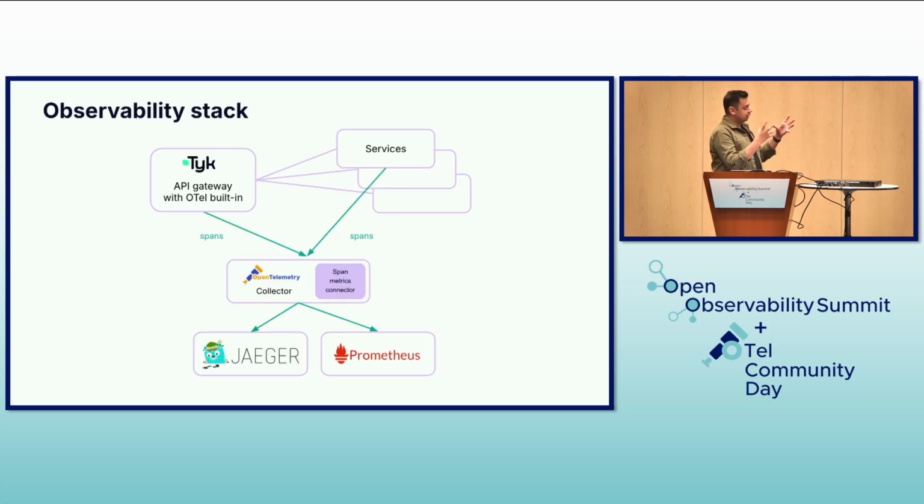And if you expand out that observability stack a little bit more, then you start seeing how the different services, along with OpenTelemetry, its collector, the span metrics connector, and the external observability platforms like Jaeger and Prometheus come into the picture holistically to give that end-to-end viewpoint. So, a simple enough example. I think some of them can be a little bit more complicated than this, but I've tried to keep it simple for the purpose of this particular talk.